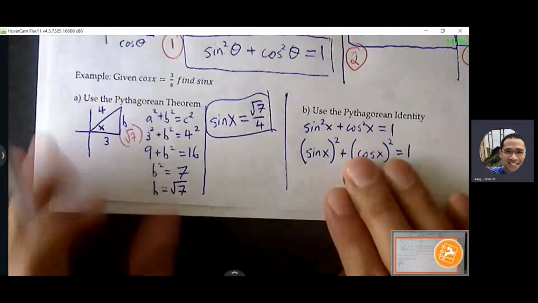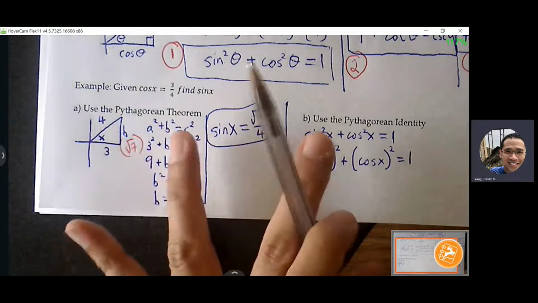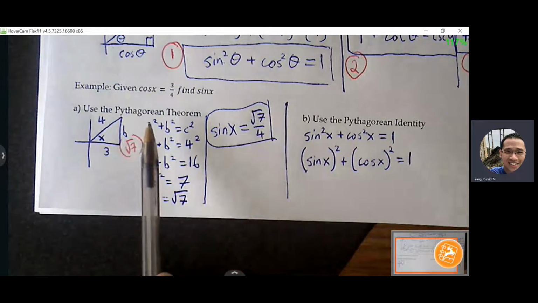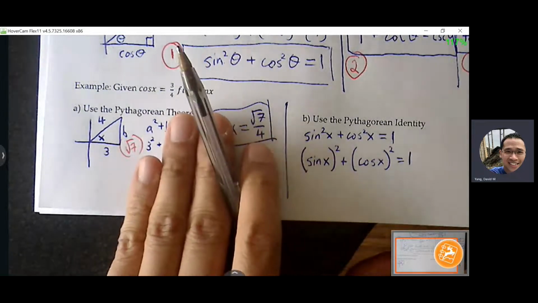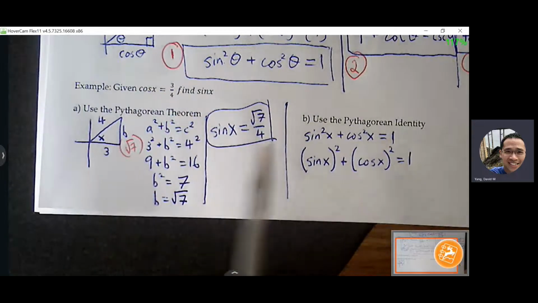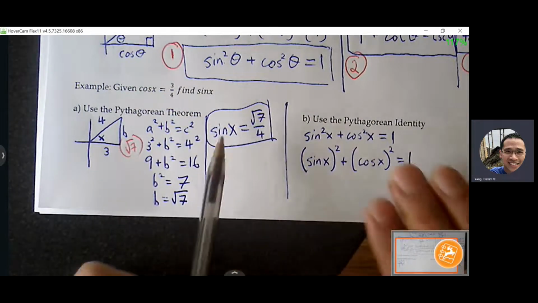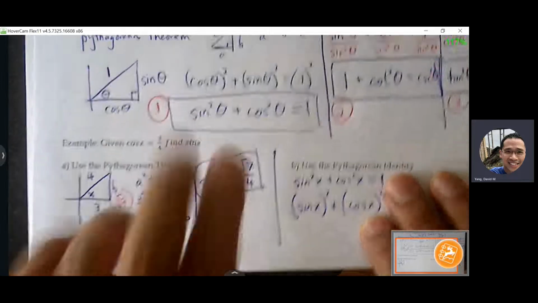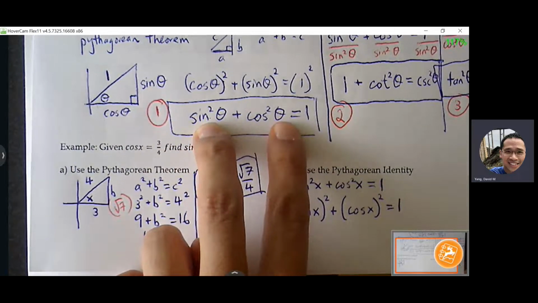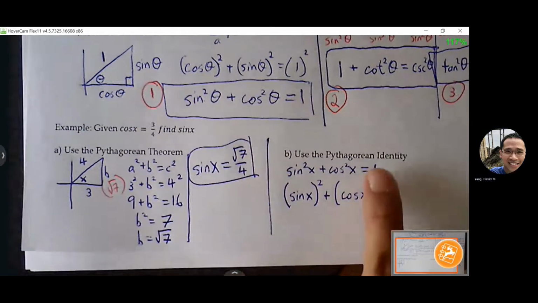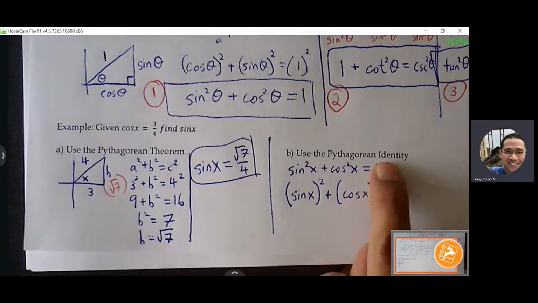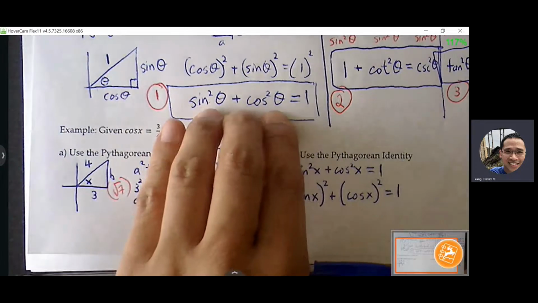Yeah, so we are going through two different methods. One is going through the Pythagorean theorem, where we're building the triangle from scratch, and we put a 3 and 4. But now we want to arrive at the same answer, but we're going to start with this identity. So it's always going to equal 1. Every identity. Yes, yeah. If it's a Pythagorean identity, then it's referring to this equation right here.